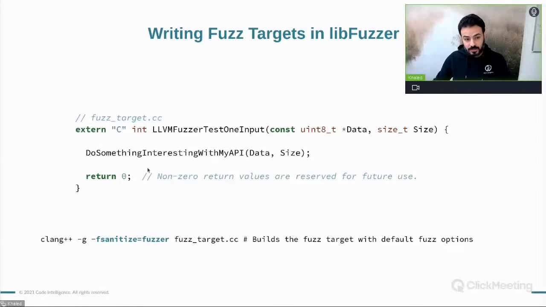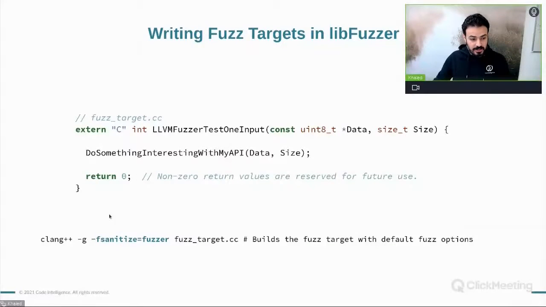You can think of this function as an entry point for the fuzzer. libFuzzer will call this function in an endless loop. Each time it will provide a new buffer and also the size of this buffer that you can use to call your API. And of course, it generates this data and size based on feedback in order to maximize code coverage. And that's all you need to do.